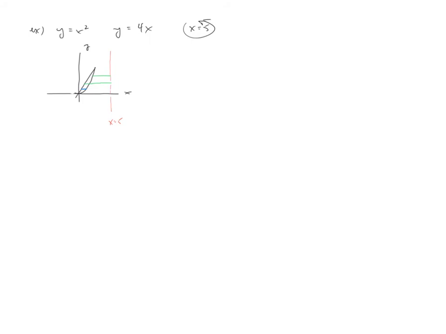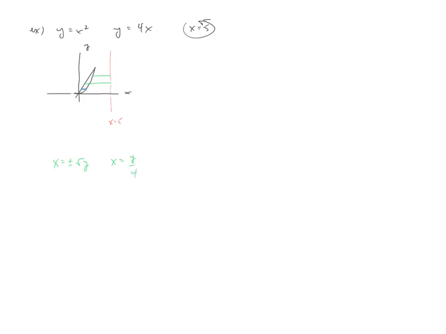Now, before I get into this too deep, since we're going to be dy, we also have to remember we can only have y's. So I'm going to need to solve each of these functions here for x, okay? So these functions for x, the first one would be x equals plus or minus root y, and the second one would be x equals y over 4, okay?